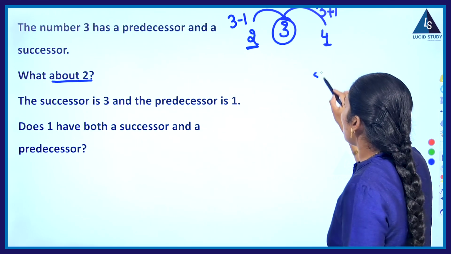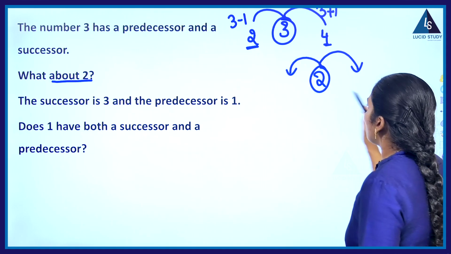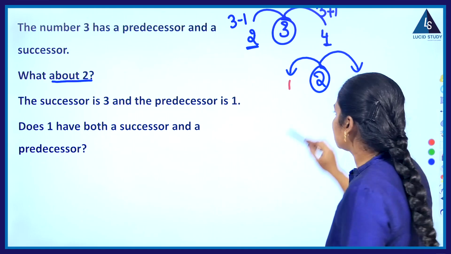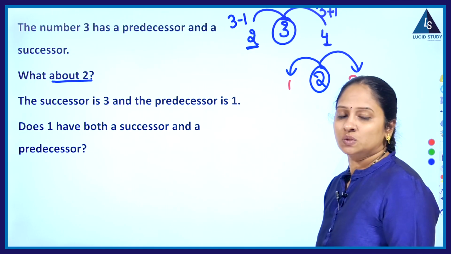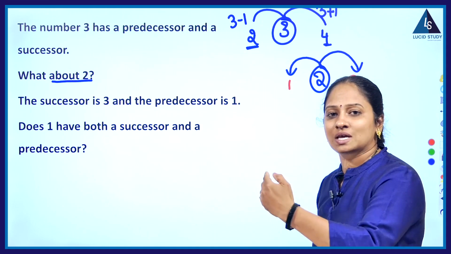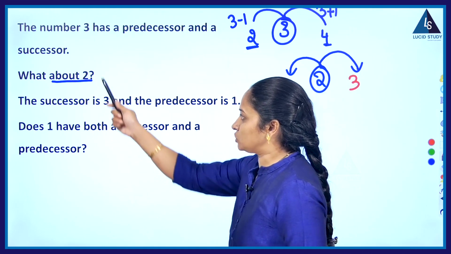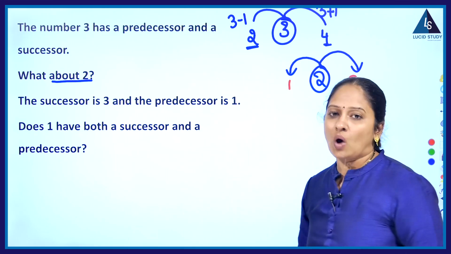Yes, 2 also has a predecessor and a successor. 2 minus 1, that is 1, is its predecessor. 2 plus 1, 3, is its successor. So the successor of 2 is 3 and the predecessor of 2 is 1.